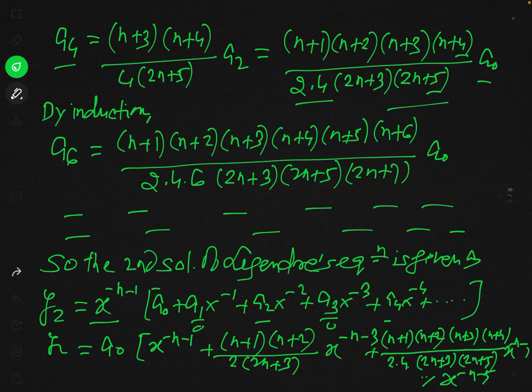So this is actually the solution which we have obtained when we take the second root of the initial equation. Now we will express these solutions in a particular form by introducing the particular value of the coefficient a naught.